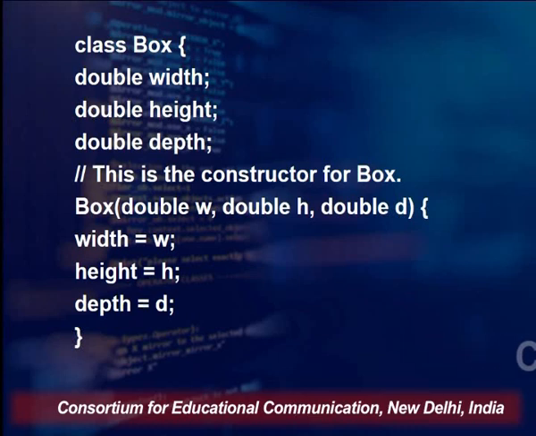Within this class Box we have already seen one parameterized constructor, in which we pass 3 variables of type double, namely w, h and d, and the values of these parameters are assigned to the instance variables width, height and depth. This is what the Box constructor is doing, one of the parameterized constructors we already wrote in our previous program.